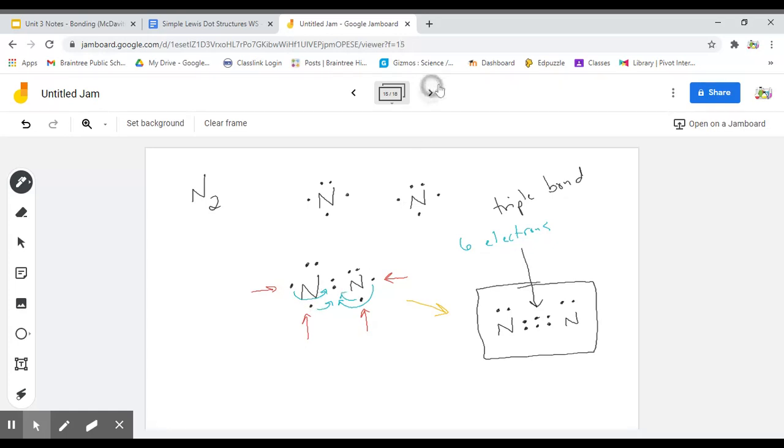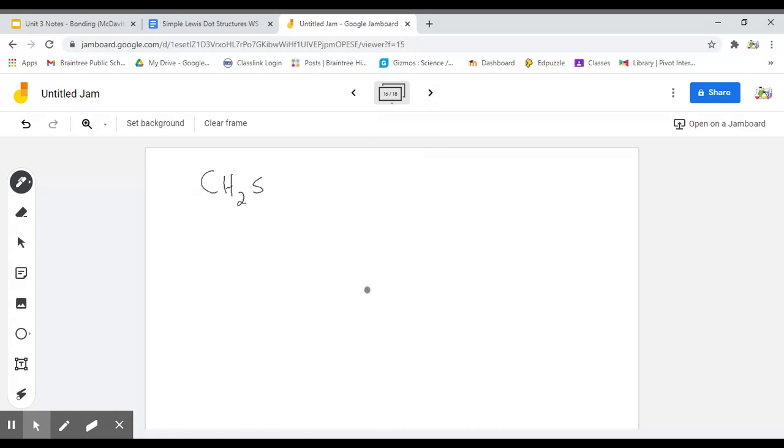All right. So we'll do our last example here, CH2S. I think the trickiest ones are the ones that have more than 2 elements. So I have carbon again. I have my 2 hydrogens again. I have my sulfur.